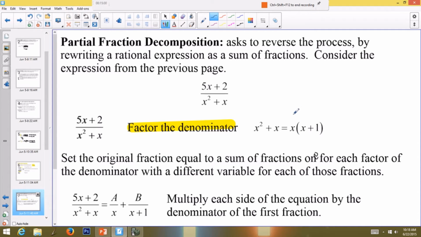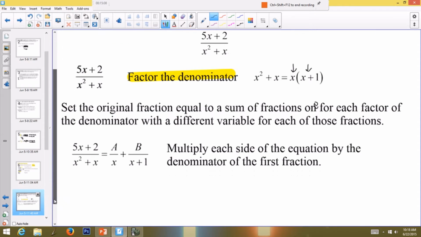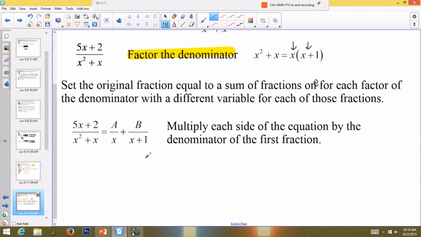So I'm going to have one fraction with x as a denominator and one fraction with x plus 1 as a denominator. And you can see that I have this entire expression. So you'll see that I have my original fraction, and then two fractions that I'm trying to figure out, one with each of those linear factors as the denominator.